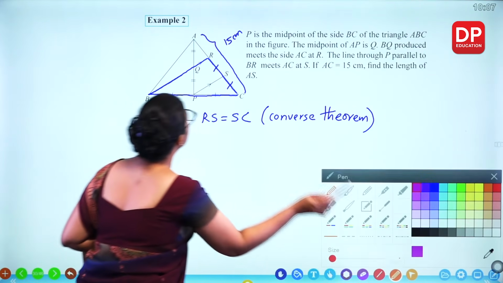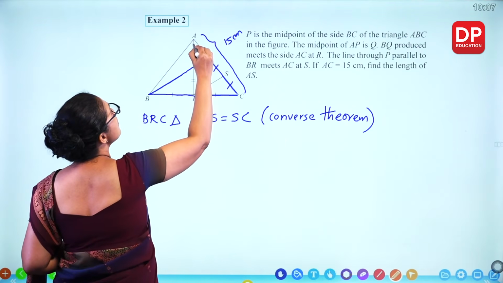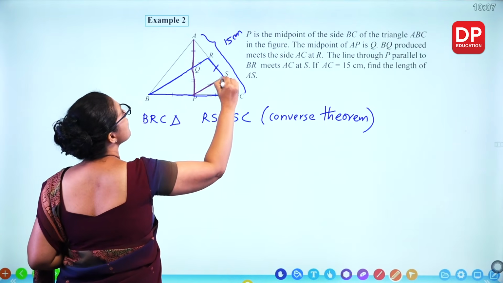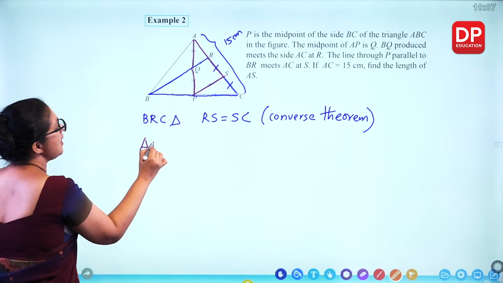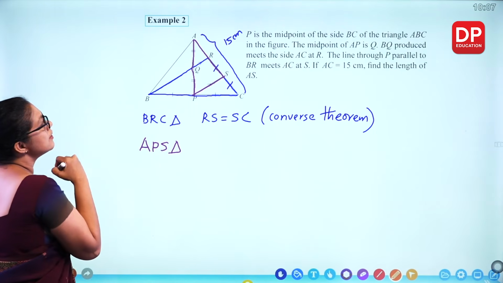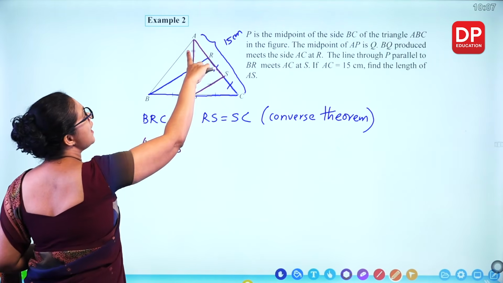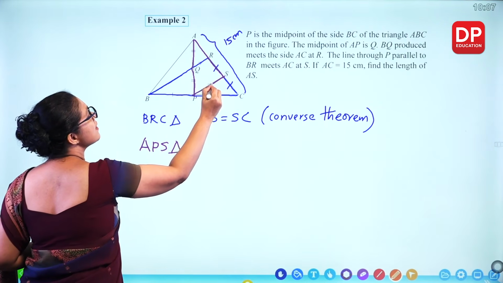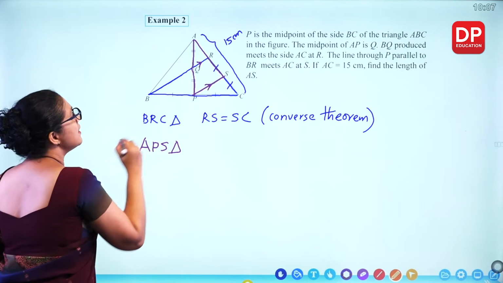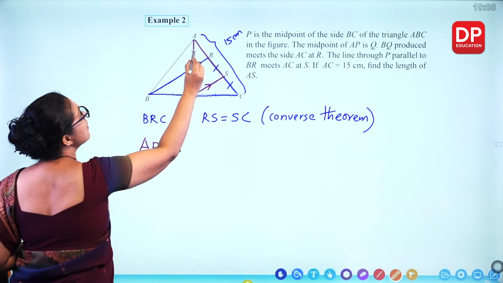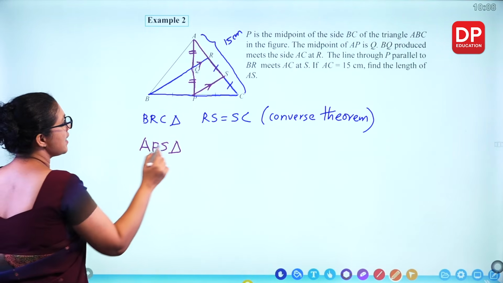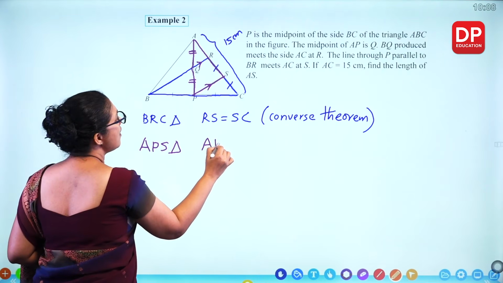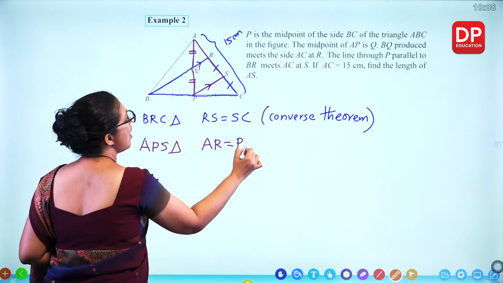Now we'll take triangle APS. What can you say about triangle APS? Q is the midpoint and these two lines are parallel. According to the converse midpoint theorem, I can write AR is equal to RS.